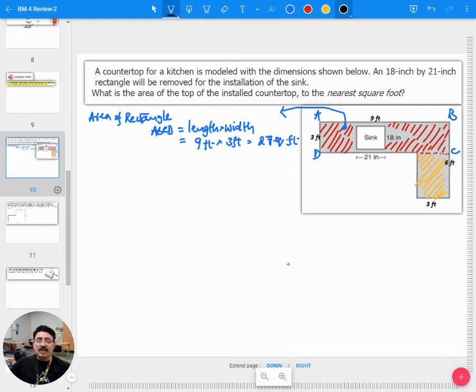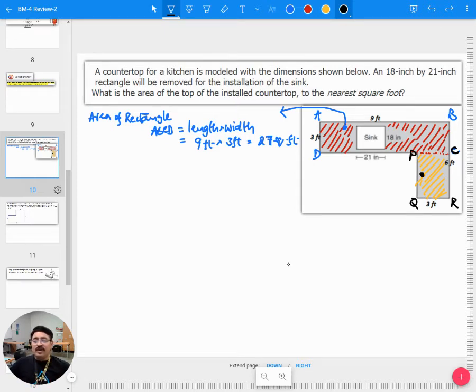Next, coming to the second part, I see that CPQR is another rectangle. So the upper rectangle and the other rectangle at the bottom, if these two rectangles are joined together, that means they are to be added.